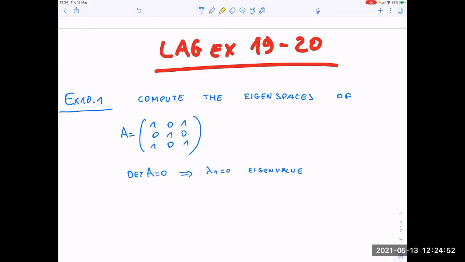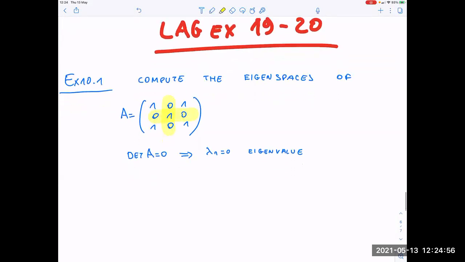And since there is this cross shape here, you can see that 1 is an eigenvalue also, because the determinant of A minus the identity will be the determinant of a matrix with 0, 0, 1, 0, 0, 0. You see a 0 row. So it's going to be 0. And so lambda 2 equals 1 is an eigenvalue.